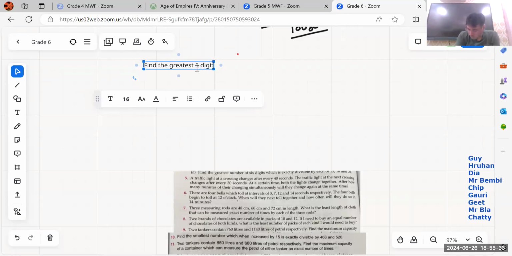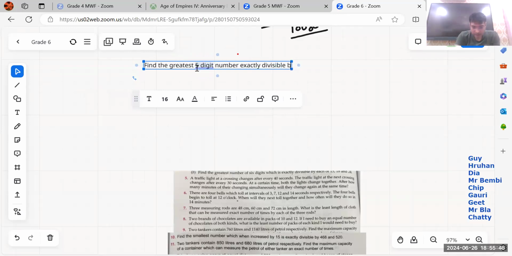Find the greatest 5-digit number. This will not come in any school curriculum, not in CBSE, ICSE, or Cambridge. These questions are generally asked in Olympiads only. Most probably they might cut this question from your syllabus too. Every time they cut these two questions.